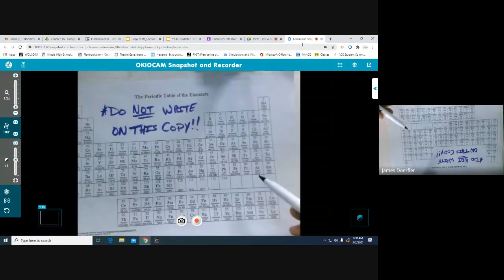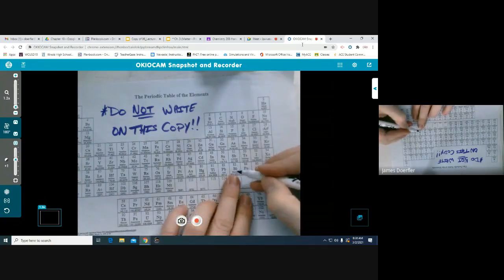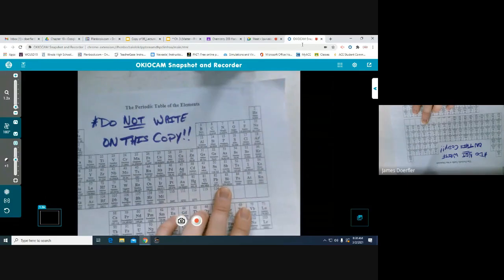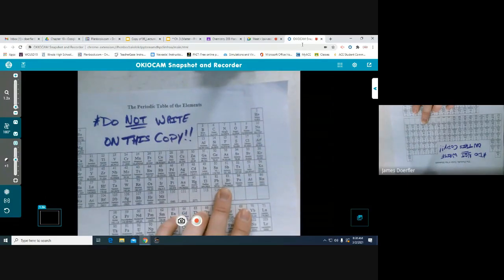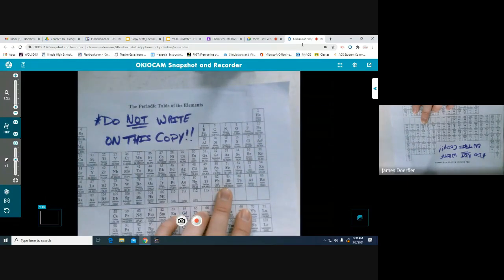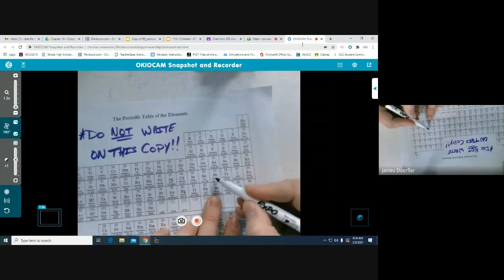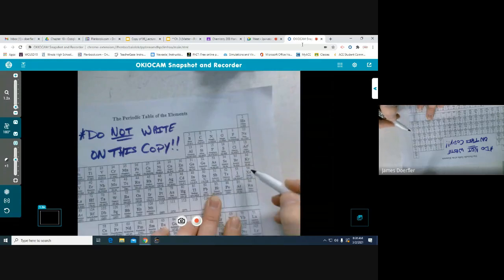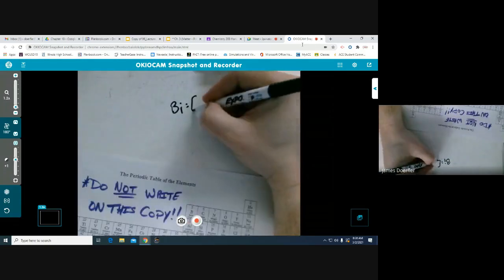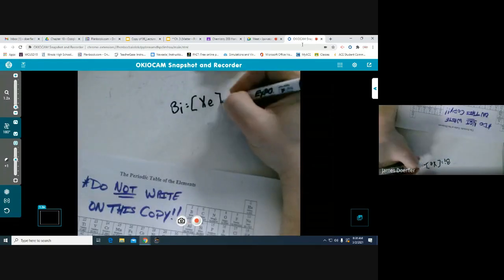So we are to do the shorthand or condensed or noble gas configuration. We locate bismuth and we identify the previous noble gas. Who would that be? Xenon. Very good. Just go up above bismuth and to the right all the way, you get xenon. So in brackets you put the symbol for xenon, Xe.